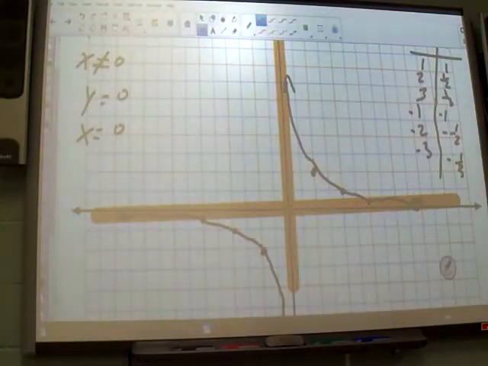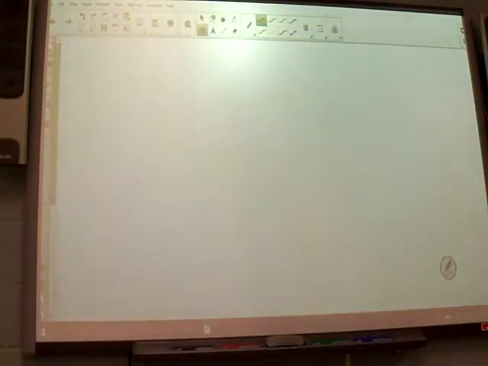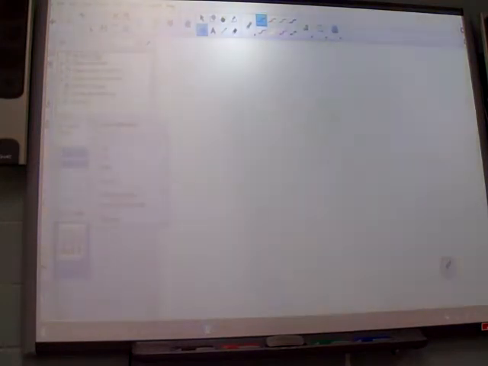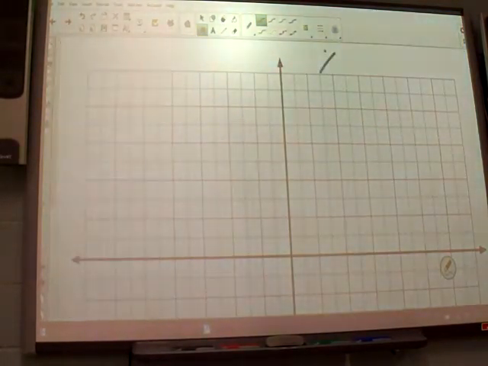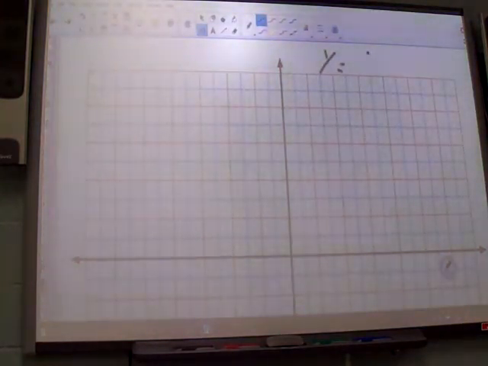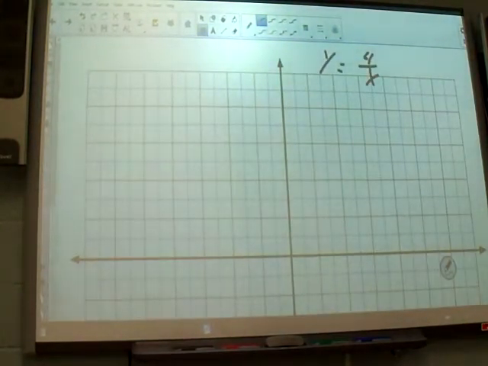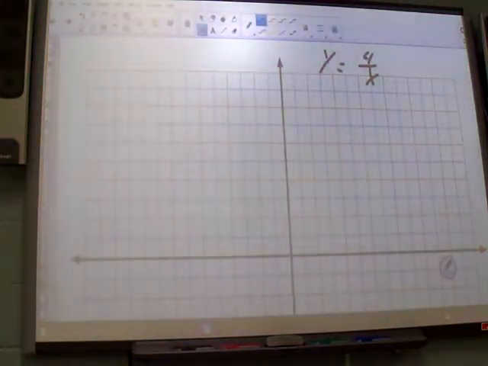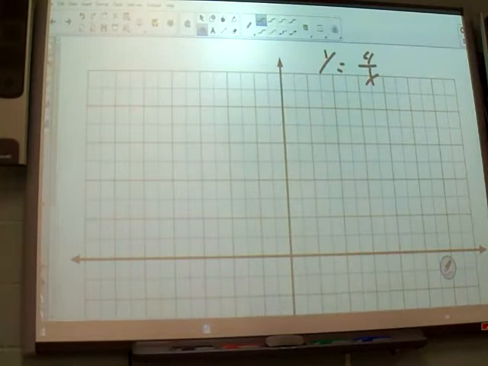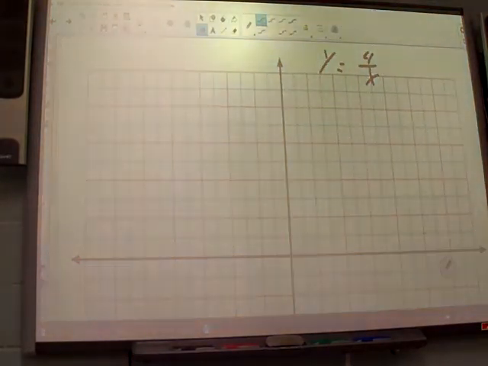Alright, so I'm fixing to get another piece of scrap paper. Right now on your notes, I want you to see if you can graph that. Y equals 4 over x. Go. In your notes, Chloe, I want you to see if you can graph that.